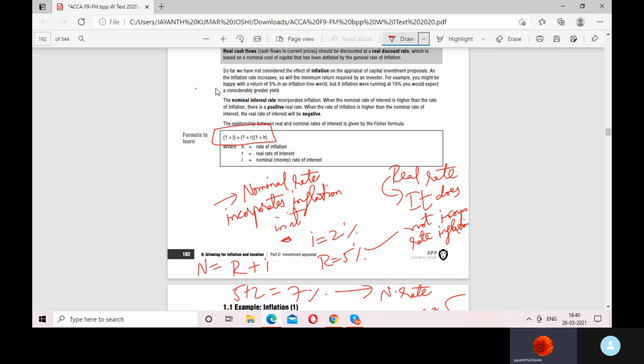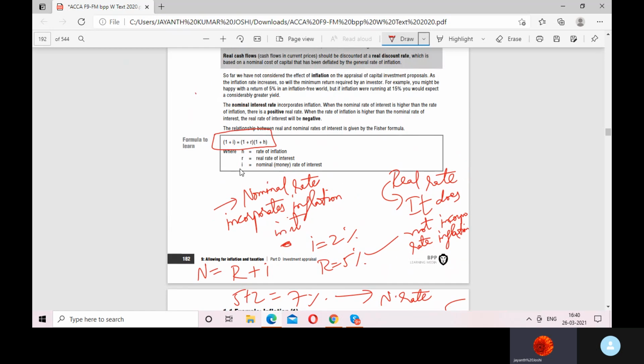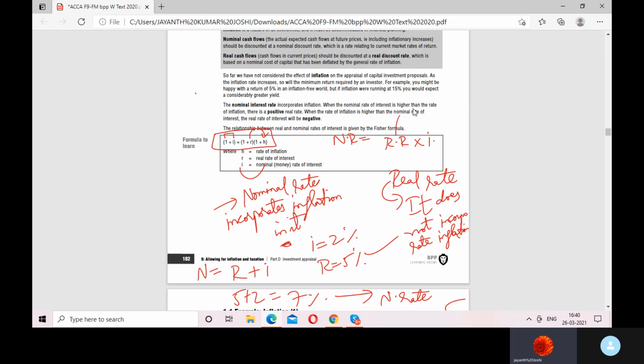So if I look at this equation, i is your nominal rate. So 1 plus i, the nominal rate, is equivalent to 1 plus real rate into 1 plus inflation. That is what they are saying here. That means if your real rate is multiplied with the inflation factor, it becomes the nominal rate.